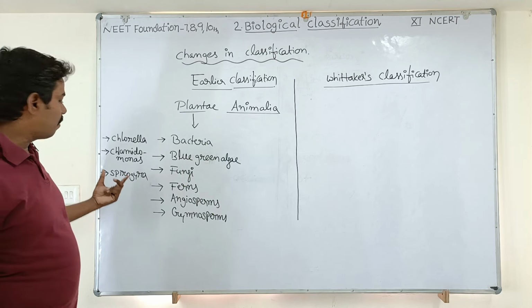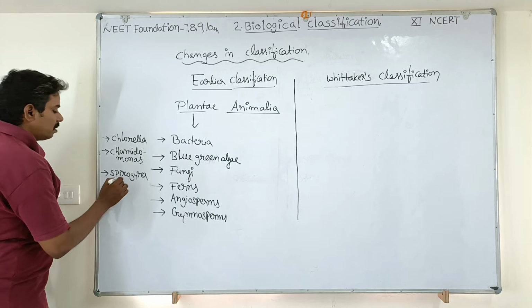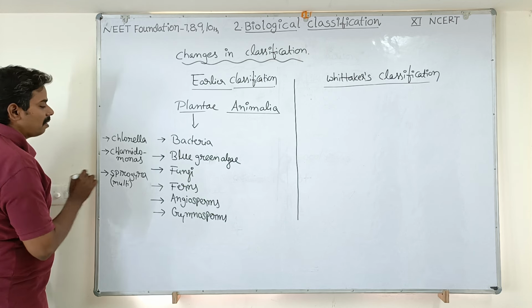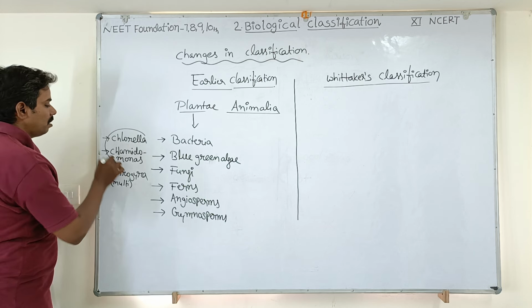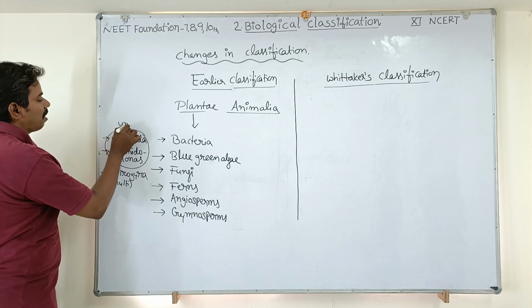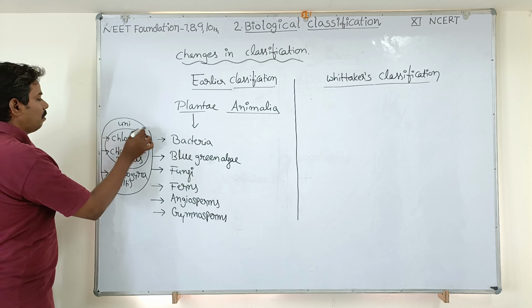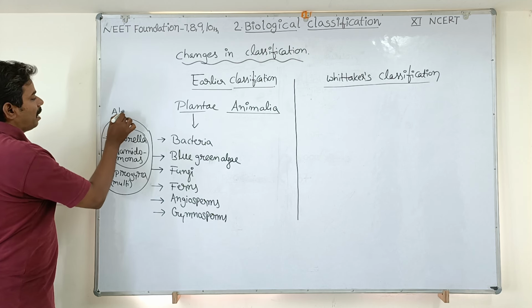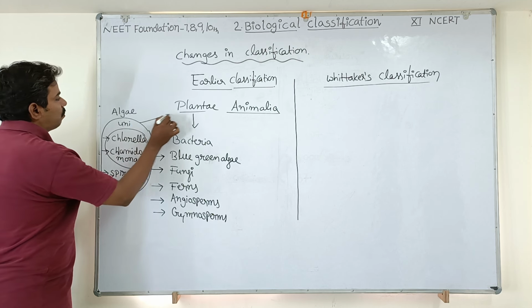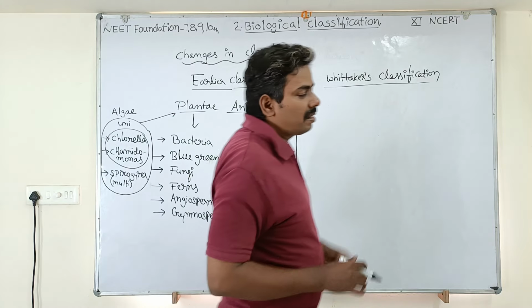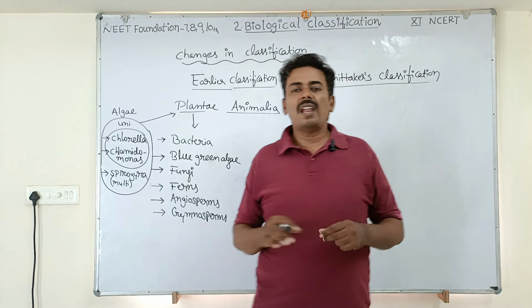It is also a filamentous algae, so this is a multicellular organism, and these two are unicellular organisms. All these 3 were included under a group called algae of the plant kingdom. So this used to be the trend in the earlier system of classification.